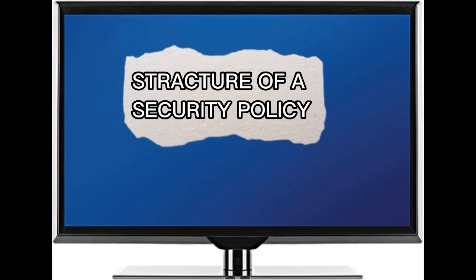Structure of a security policy. When you compile a security policy, you should have in mind a basic structure in order to make something practical.